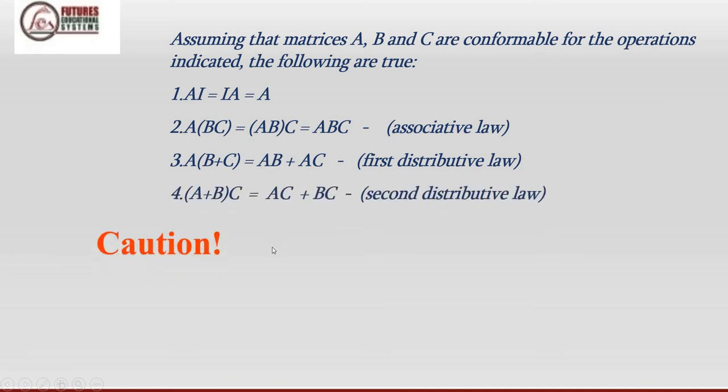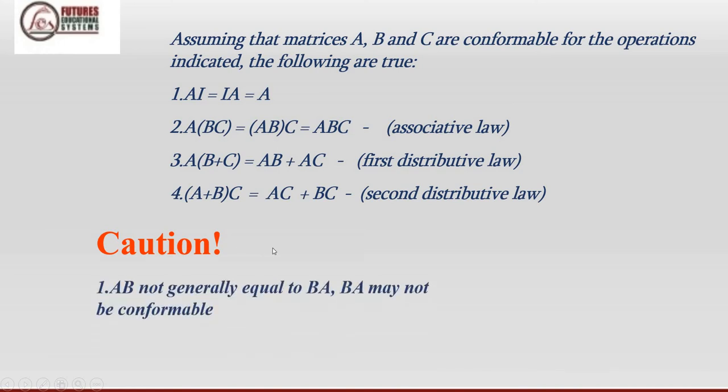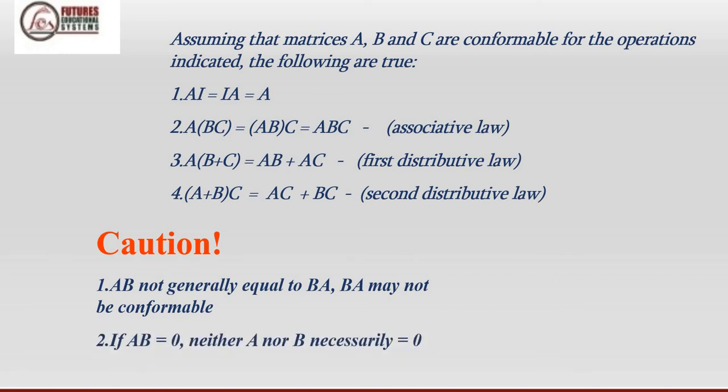Question. If we multiply, AB doesn't equal BA, or it's not conformable. If AB equals 0, A multiplied by B equals 0, neither A nor B necessarily equals 0.